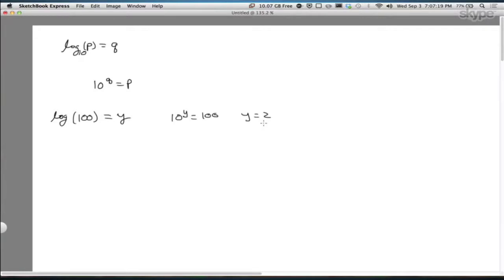I have the answer. Okay, what's the answer? 2. Okay, that looks like that's correct. How did you know the base was 10? Because it's assumed. Yeah, there's nothing written there in the subscript. Good.